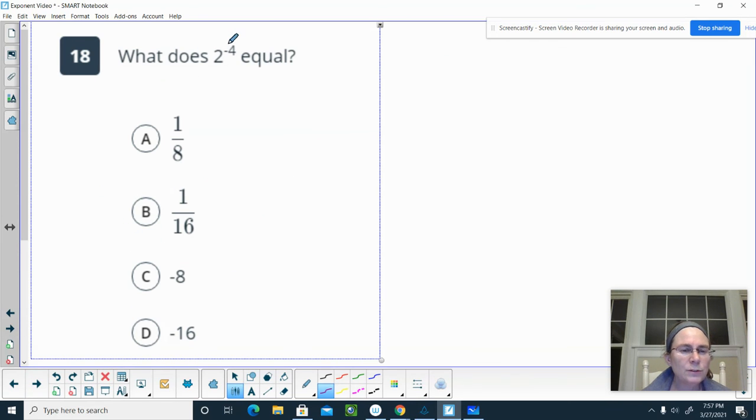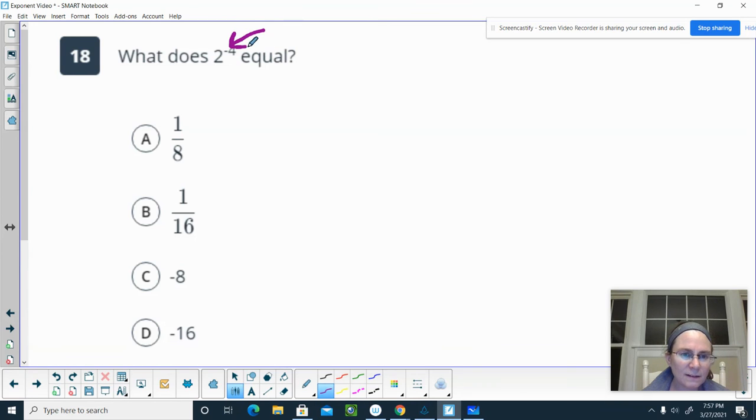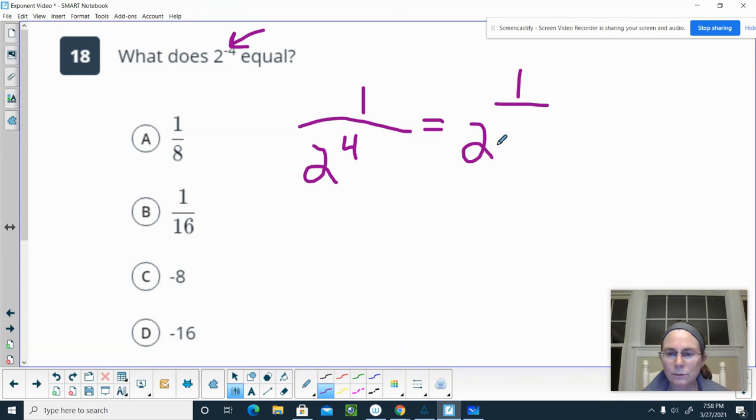What does 2 to the -4th equal? See a pattern here: negative exponent, start with 1. Your denominator is equal to 2 to the positive 4th power. So let's expand this out. 1 over 2 times 2 times 2 times 2.